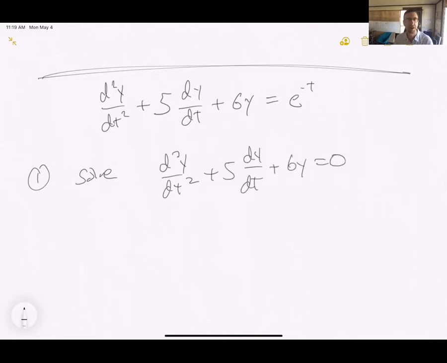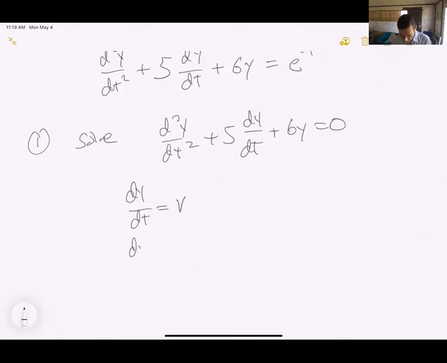All right, now you all should be experts at this point. So you're going to talk me through it, okay? What do I do? How do I solve an equation like this, a second order equation? You can introduce a second variable. Yep, introduce a second variable. So let's call it v, right? And v is supposed to represent the velocity, so dy dt equals v. Okay, which means dv dt is what?